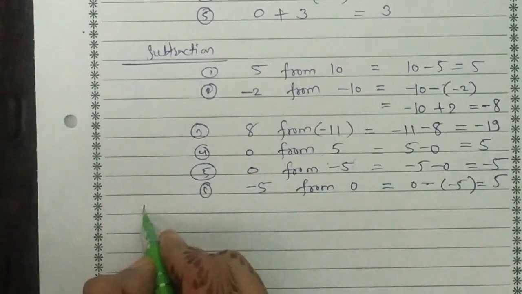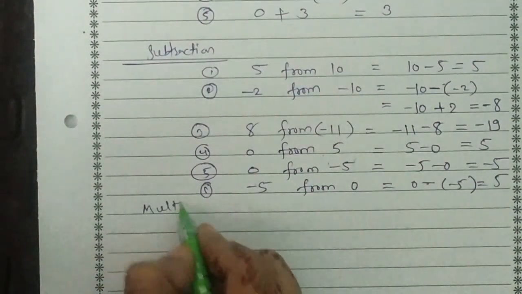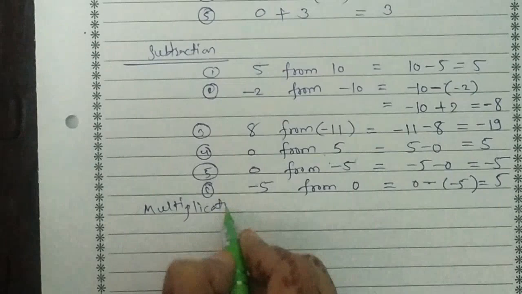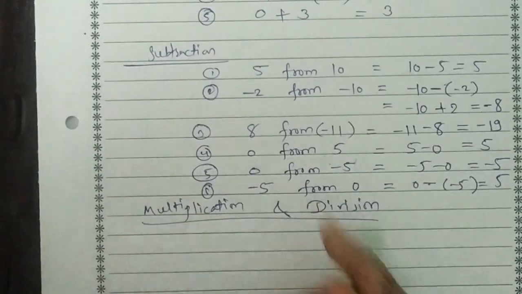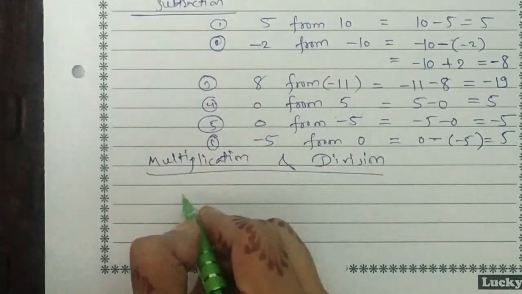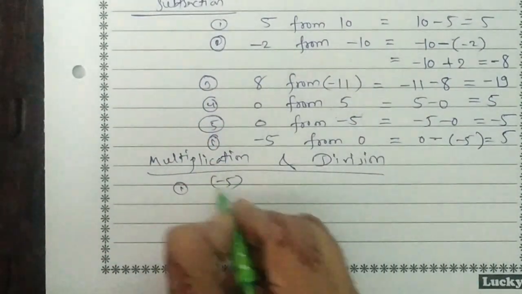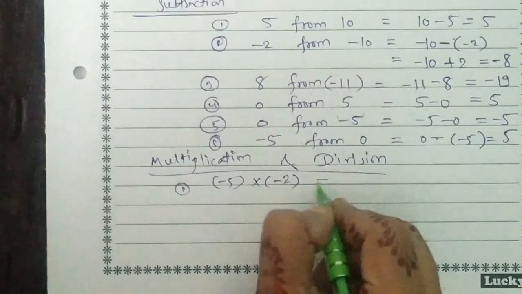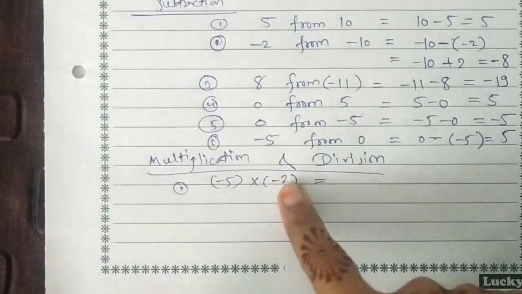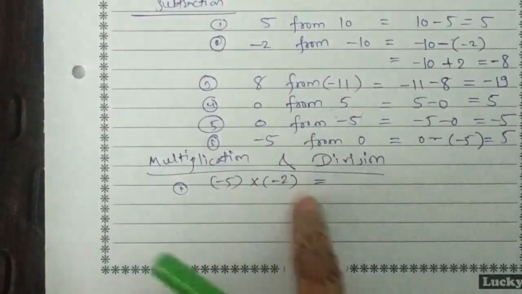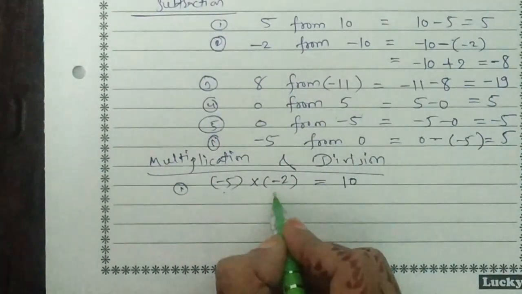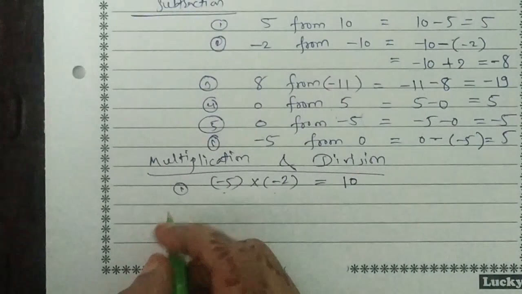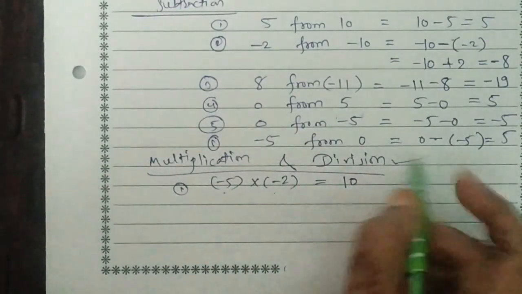If you want to do multiplication, the rules for multiplication and division are the same. If I want to multiply minus 5 with minus 2, when both numbers are minus, simply find the product: 5 2s are 10, and minus times minus becomes a positive product. This applies in division also.